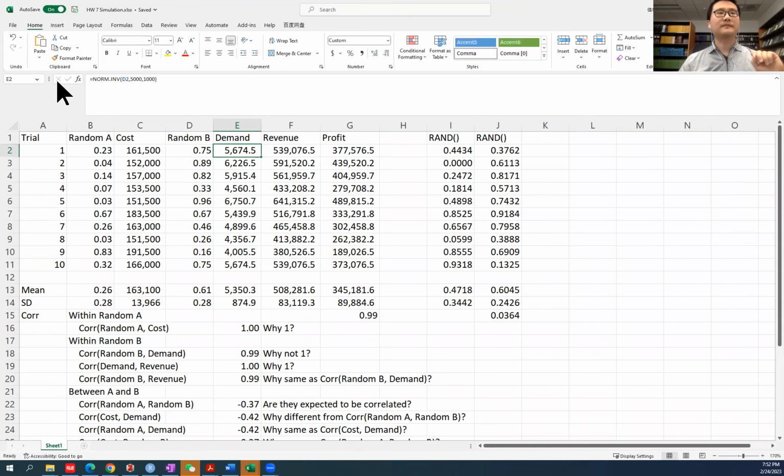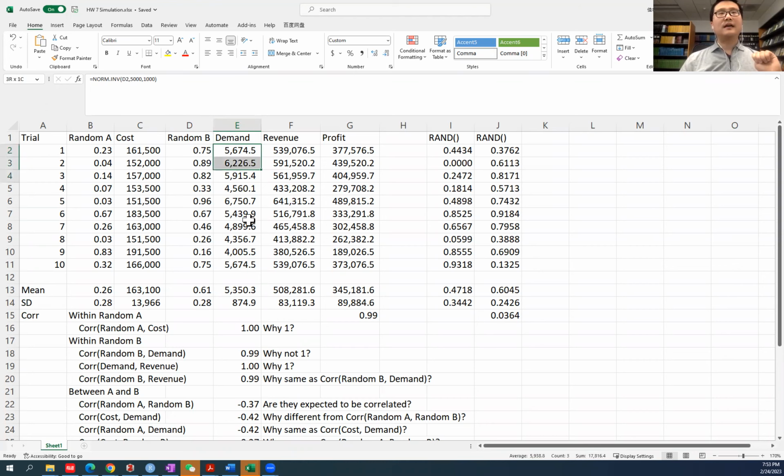For example, if we know that a normally distributed random variable gets to a cumulative probability of 75%, it means it achieves this particular value, that's 5,600. That's where this random variable beneath this value would cumulatively sum up to 75% of cumulative probability. So that's what it means.